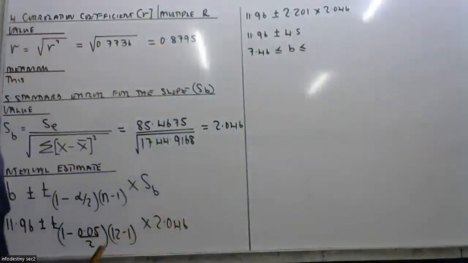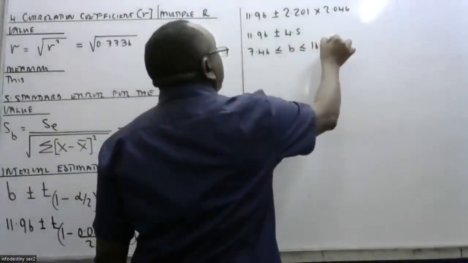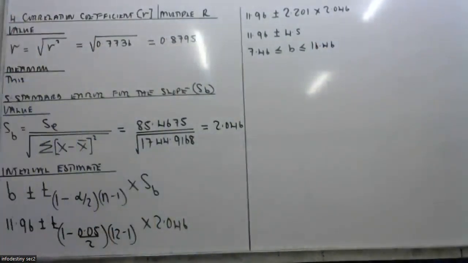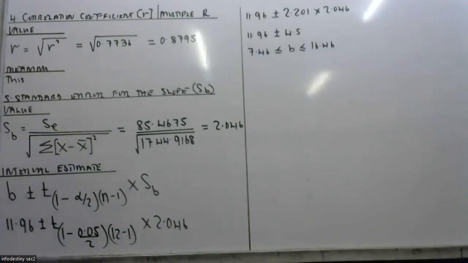And on the upper side, 16.46. So that is how we get the interval estimate for the slope.